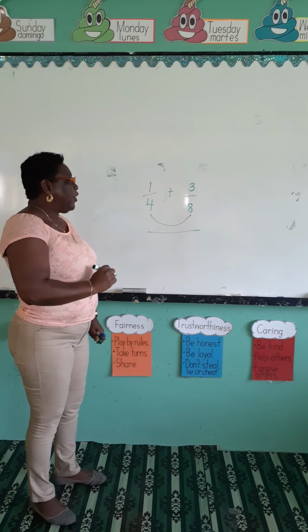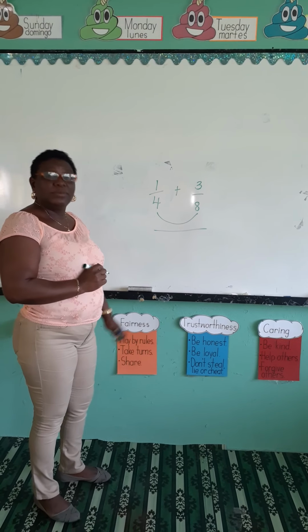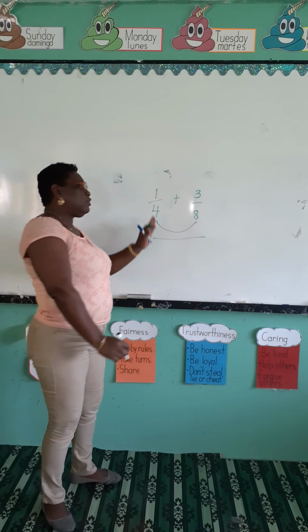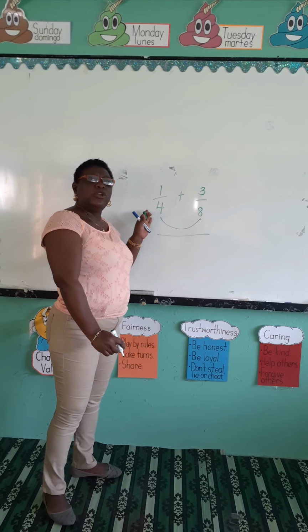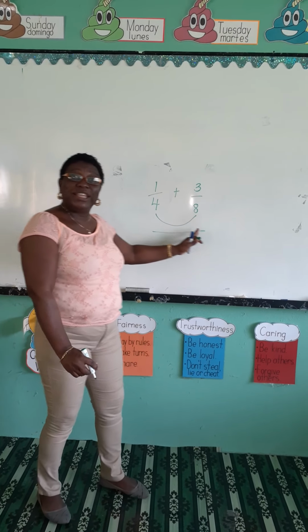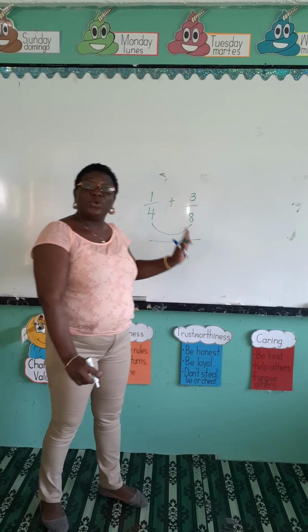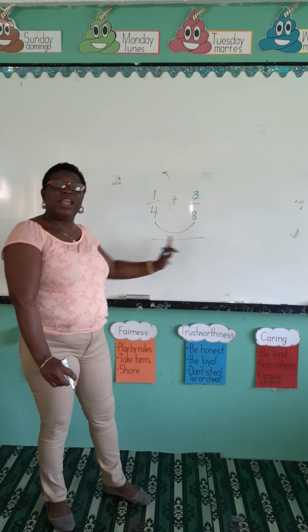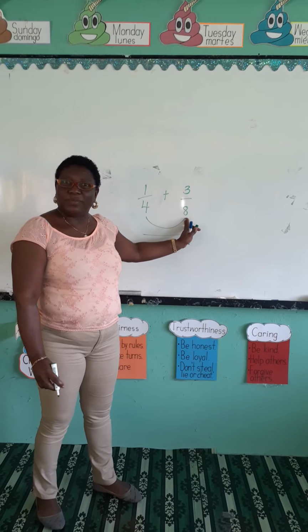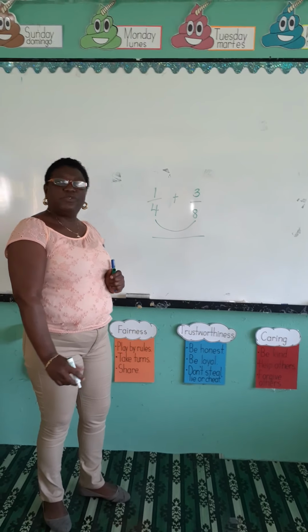Which is the bigger denominator? 8, of course. Let us go back to 4 and see if there's a number that when you multiply it by 4, you get 8. Always look at the smaller denominator and see if there's a number that will give you the bigger denominator. So what times 4 will give us 8?